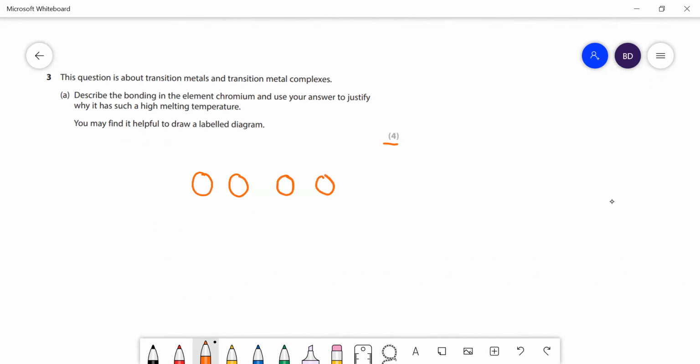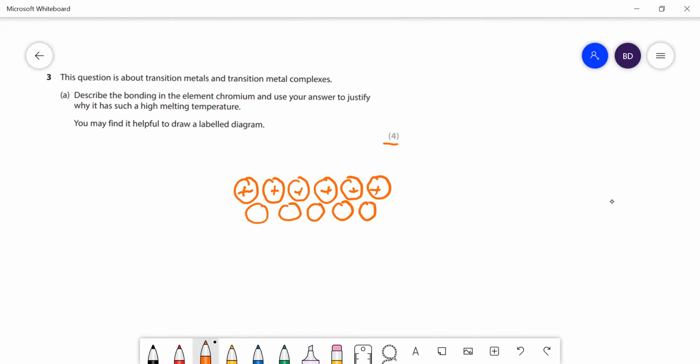I'll draw it a bit differently. We have positive ions. They've lost their valence electrons, so they're positive ions. You've got a regular arrangement of them. I could draw another layer, but I won't bother. And in between them, you've got these green things. These are delocalized electrons.